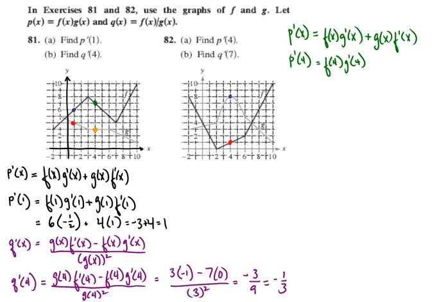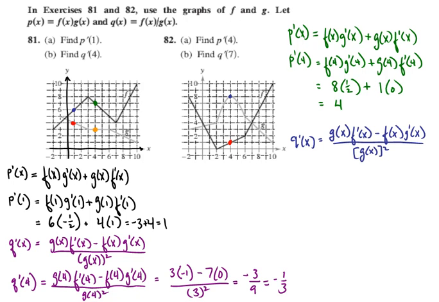F of 4, g prime of 4, plus g of 4, f prime of 4. F of 4 is 8. G prime of 4 is up 1 over 2, or 1/2. G of 4 is 1. And f prime of 4, remember that's a horizontal tangent line, it's 0. And so we end up with 4.